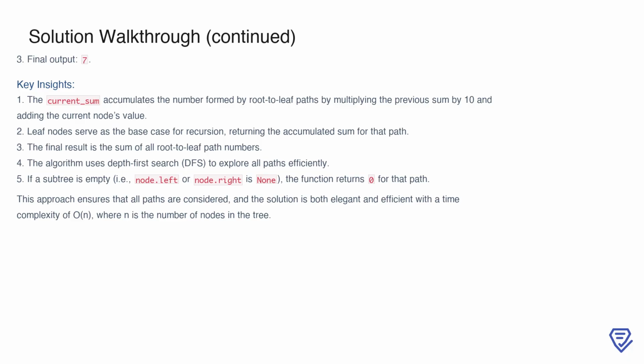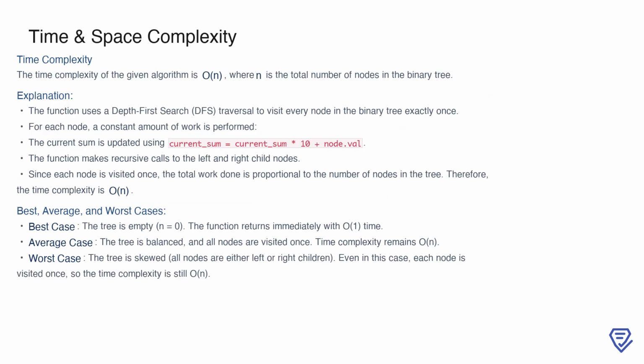in the tree. The time complexity of this algorithm is O(n), where n represents the total number of nodes in the binary tree. This is because the function employs a depth-first search, or DFS, to traverse the tree, visiting each node exactly once. For every node, a constant amount of computation is performed.